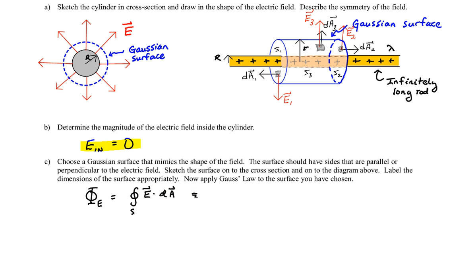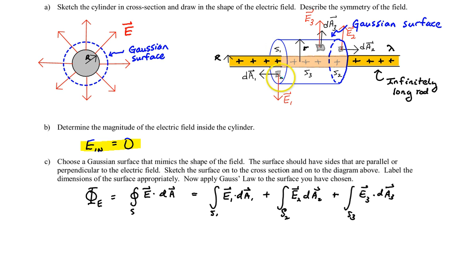We're going to break this up into the 3 different parts. We have the integral along surface 1, E1 dot dA1. We have the integral of surface 2, E2 dot dA2, and then we have the integral along surface 3, that's E3 dot dA3.